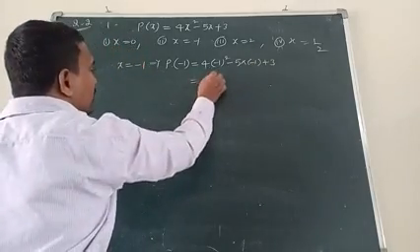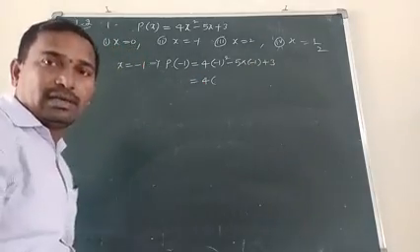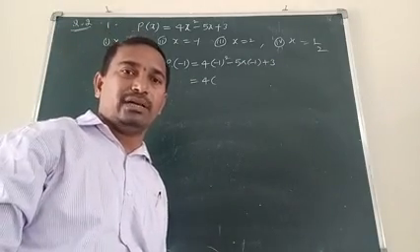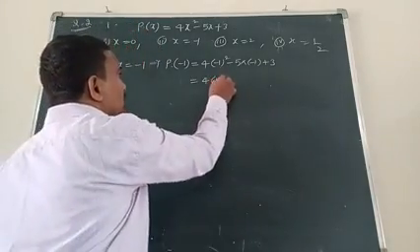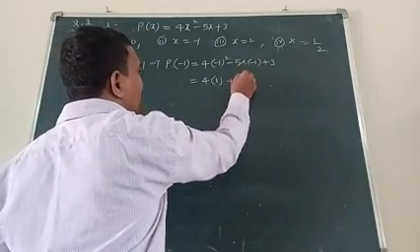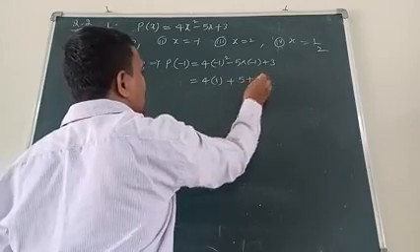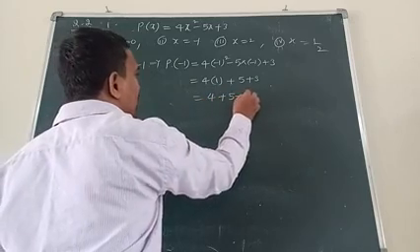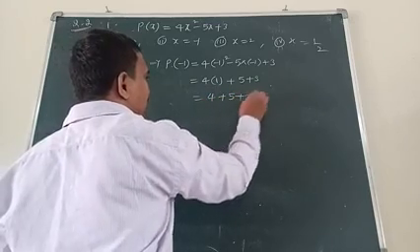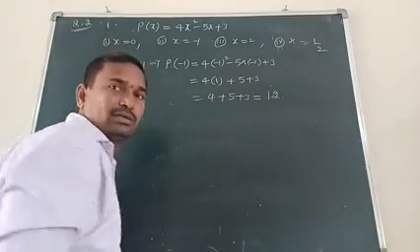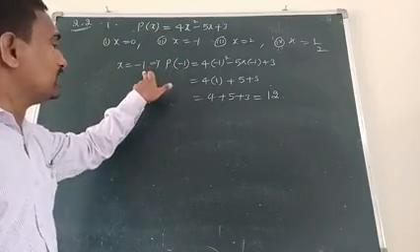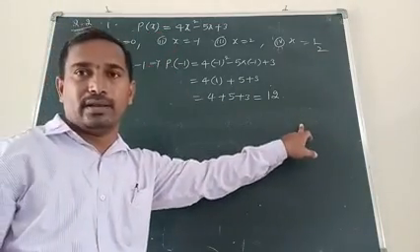So that is 4 into minus 1 whole square, which is minus 1 into minus 1, minus into minus plus, 1 into 1, 1. Minus into minus plus, 5 ones are 5, plus 3. So that is 4 plus 5 plus 3. 5 plus 3, 8. 8 plus 4, 12. So the value of p of x at x equal to minus 1 is 12.